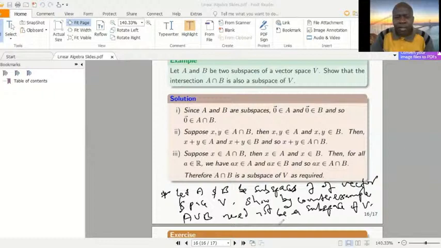So we could have other vectors whose union would be subspaces, but we could have others whose union would not be subspaces. That's why I say that you can choose one example and show us that the union would not be a subspace.